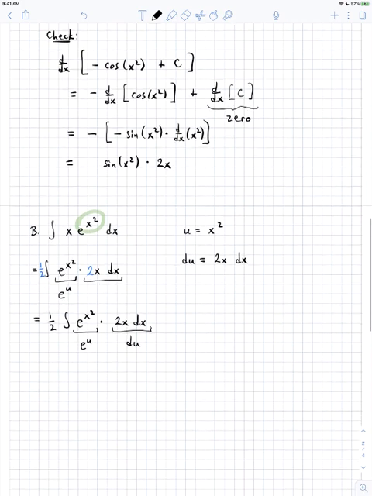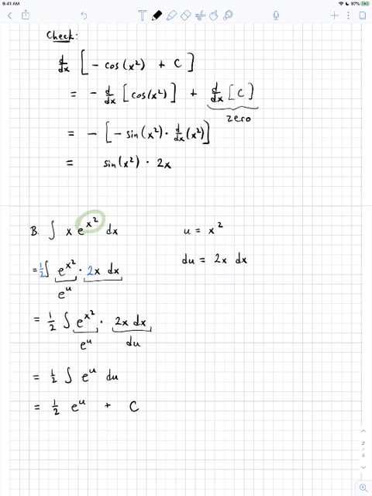But now what this means is we have 1/2 times the integral of e to the u du. And now we just need to ask ourselves, what is the antiderivative of e to the u? Well, we have a 1/2 in front, and then the antiderivative of e to the u is e to the u, or an antiderivative. And then we just have to remember to add in a plus c. The c is the constant of integration.